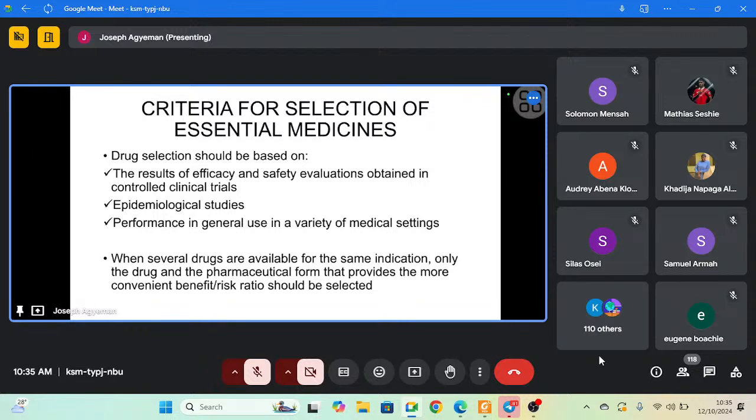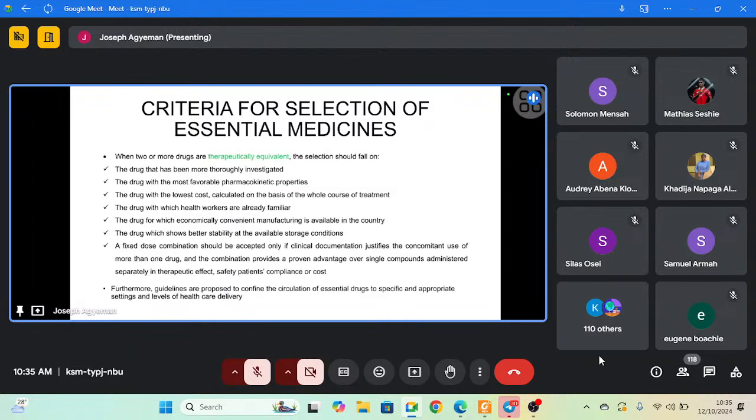Several drugs. You can't choose all of them. You have to choose one or maybe two to become part of the list. You need to consider the one among that list and the dosage form. In terms of benefit-risk ratio, that is having better results as compared to the others. So benefit-risk ratio is also very important.